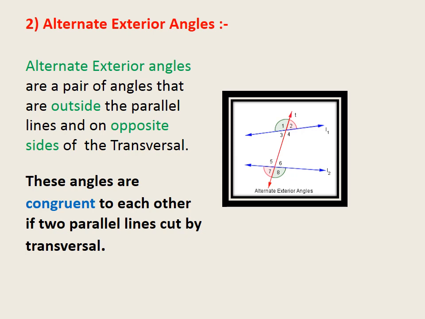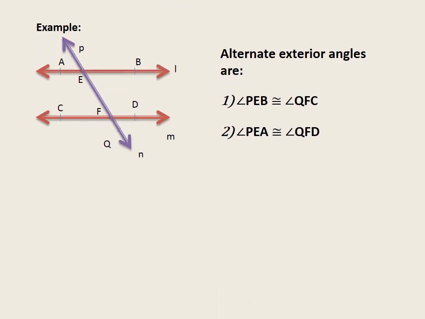Here, line L1 is not parallel to line L2, therefore alternate exterior angles are not congruent. In this example, line L is parallel to line M. Therefore, angle PEB is congruent to angle QEC and angle PEA is congruent to angle QFD.